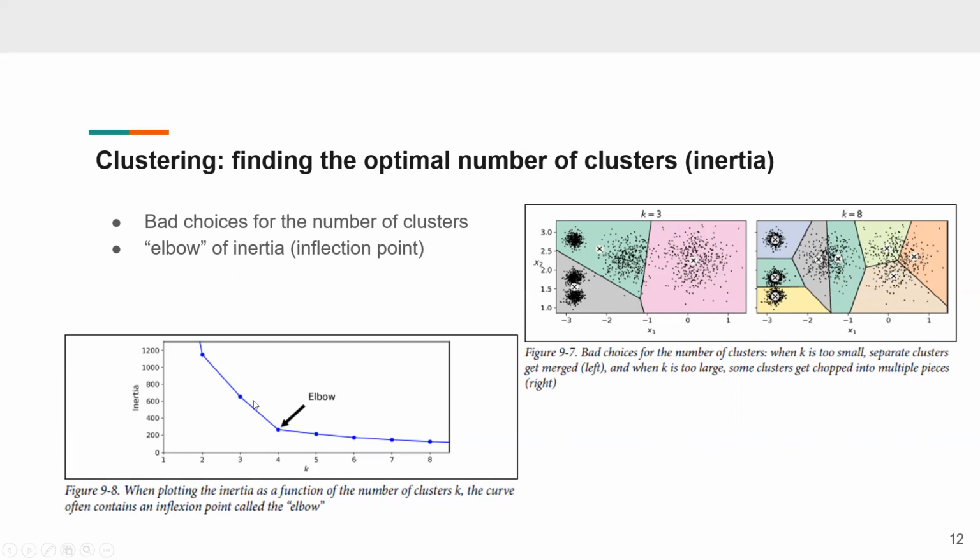So it's the same thing here. In the elbow, we're trying to figure out where it doesn't change as much after a certain point. So we call it the inflection point. This inflection point turns out to be 4, number 4 clusters in this example.